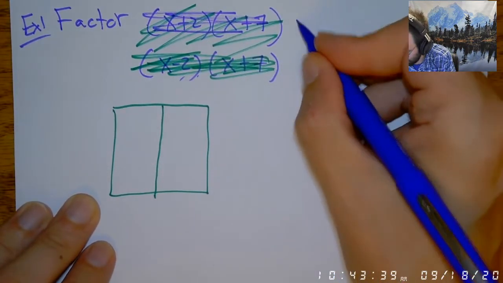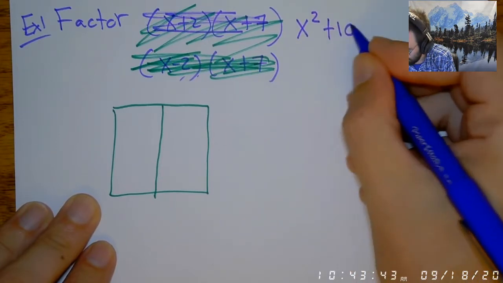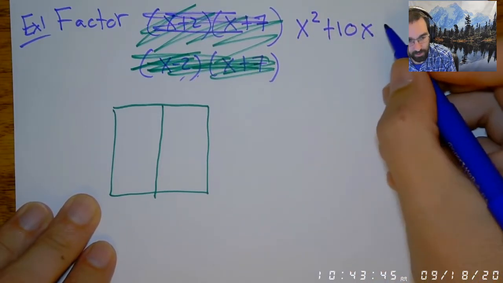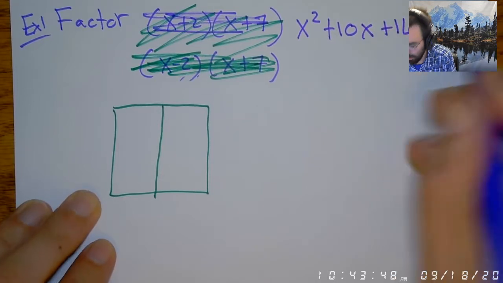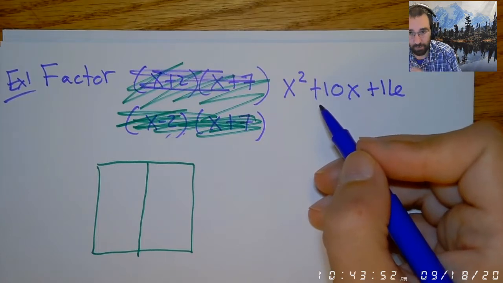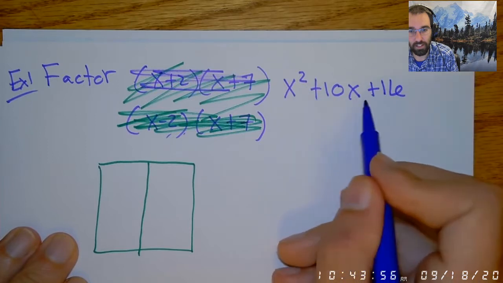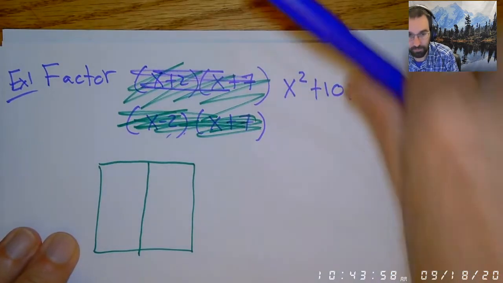Okay. So we're going to use x squared plus 10x plus 16. I'm so sorry. We're going to factor this one. Sorry for the mistakes. Okay? So we're going to factor x squared plus 10x plus 16.